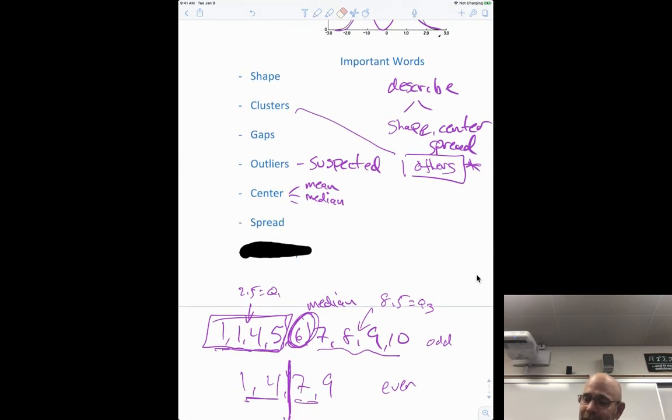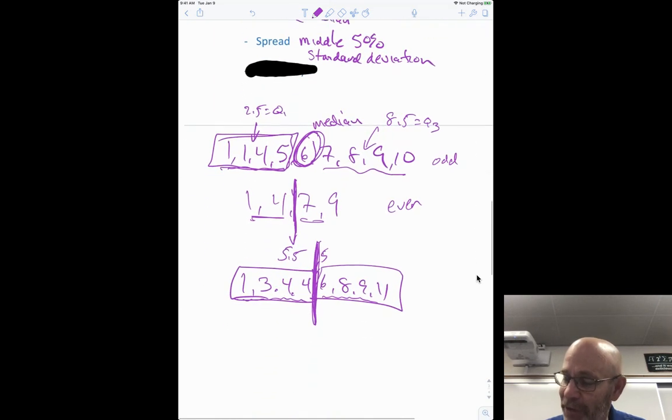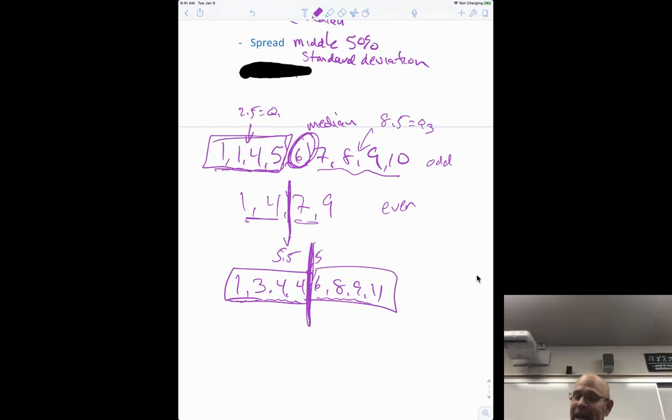Next is spread. Spread, you can talk about middle 50%, which is the easiest thing to talk about. You could also do standard deviation, but you don't have a way to find standard deviation right now. So when I say middle 50%, for example, in this data, here's what I would say. I would say the median is 6, and the middle 50% is between 2.5 and 8.5.